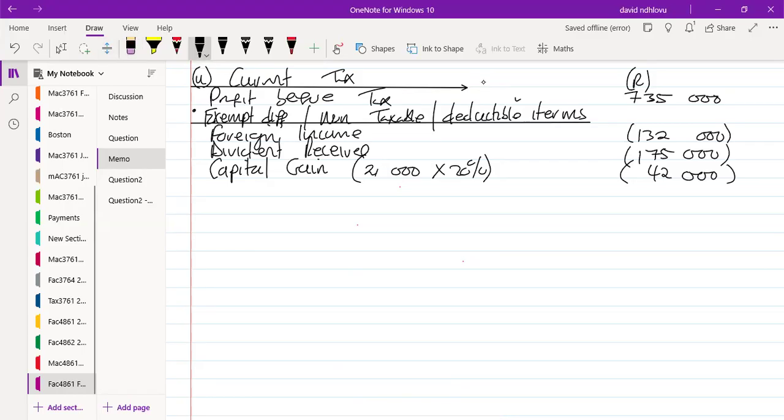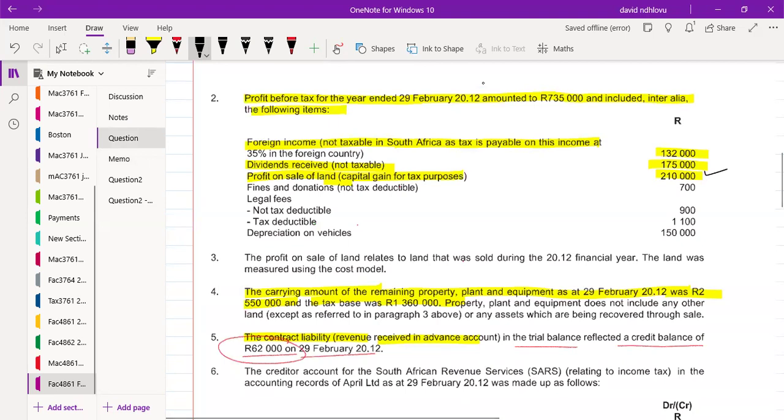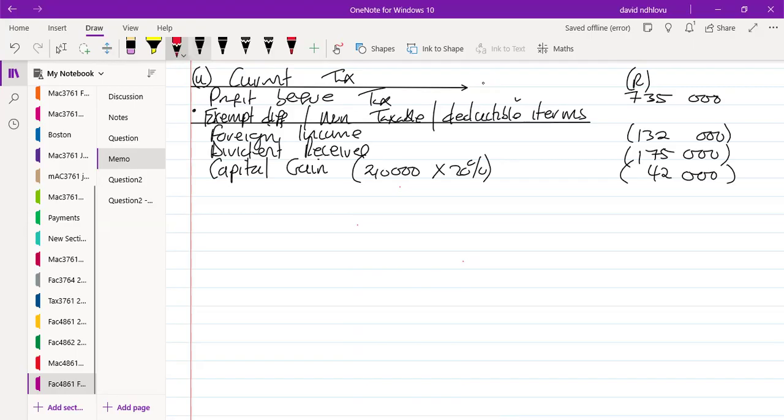Let's go to the next item that we have. Next, we've got fines and donations, and they were very clear, not tax deductible, 700. So this we reverse by adding back. These are expenses, we are going to add back.